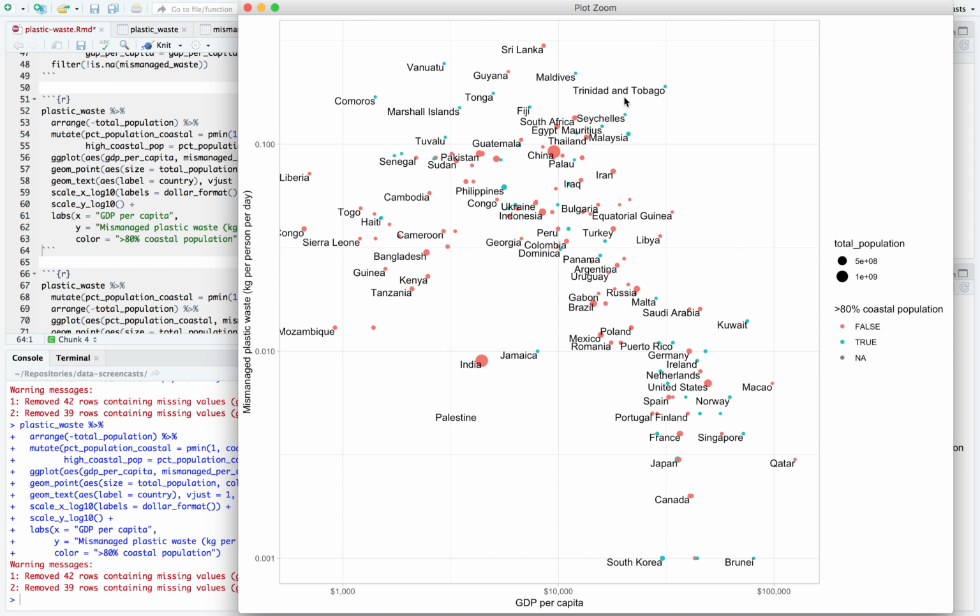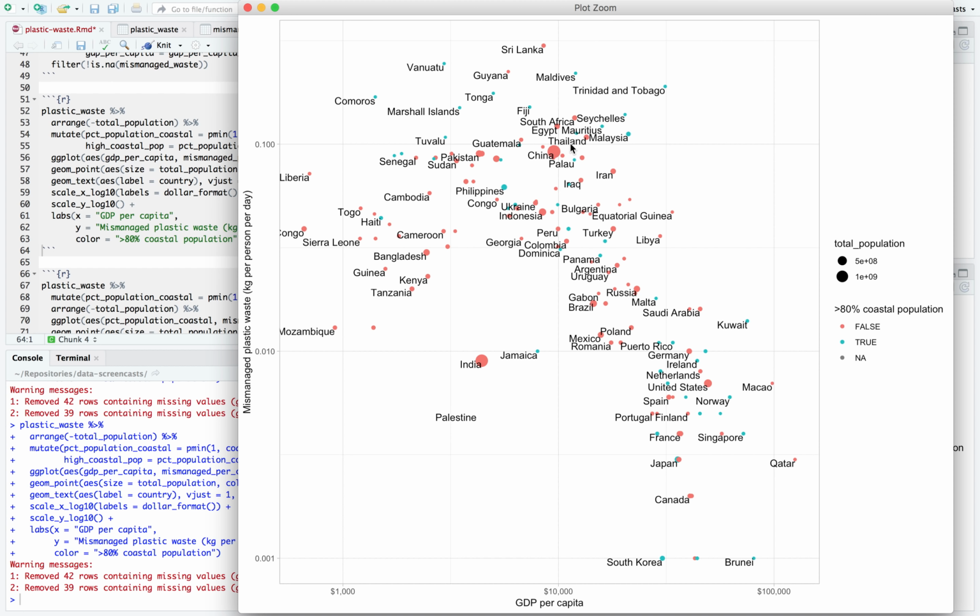But another reason is that you focus less on the few extremes and more on the general trend, and you can see this makes it clear that really rich countries are the only ones that make below 0.01 kilograms per person per day. All right, so that's some things we learned about plastic waste, and the relation between these two.